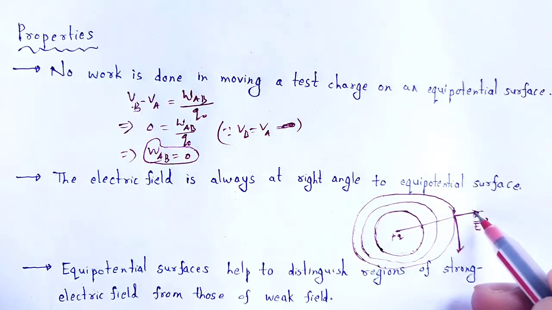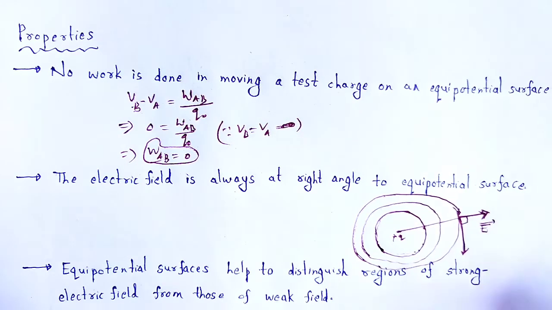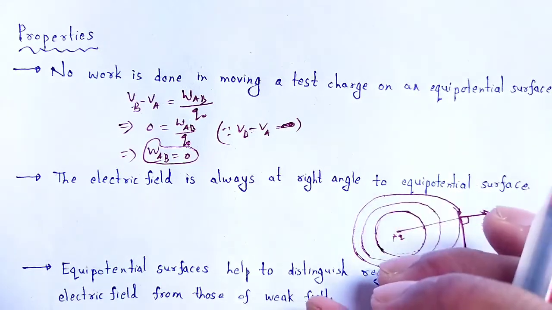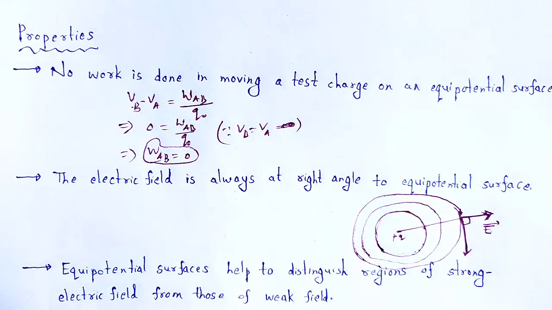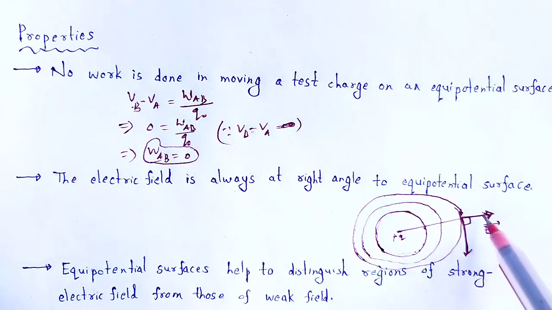So the electric field is always perpendicular to the equipotential surface. Imagine it in 3D, a spherical surface. The electric field vectors are radially outwards, and the surface direction is tangent to the surface. So the electric field and the direction of the equipotential surface will be at right angles to each other.